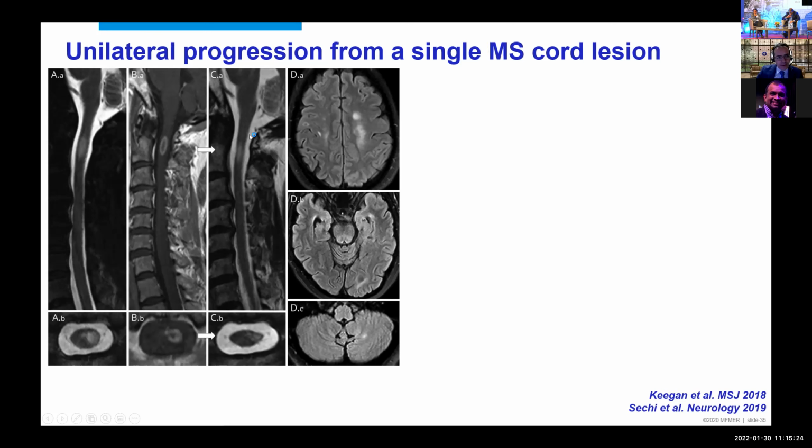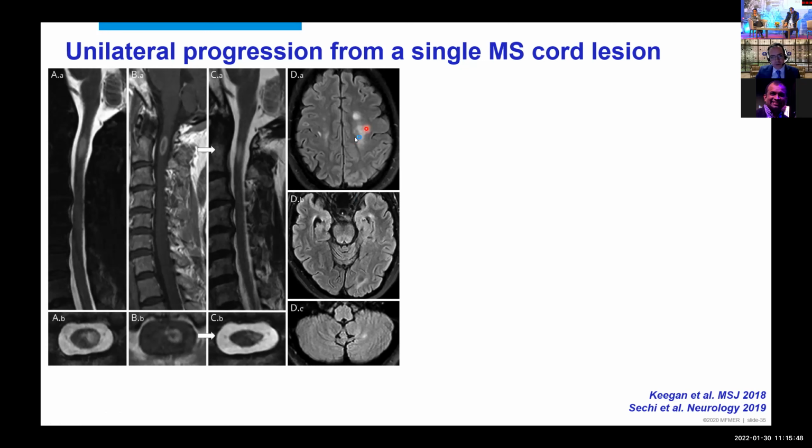Five years later, after they recovered from their myelitis, this patient began to develop slowly progressive left hemiparesis. Here you see that the lesion has become somewhat more atrophic, with loss of the rounded appearance that we see typically in the spinal cord on this other side. And that's associated with this progressive left hemiparesis.